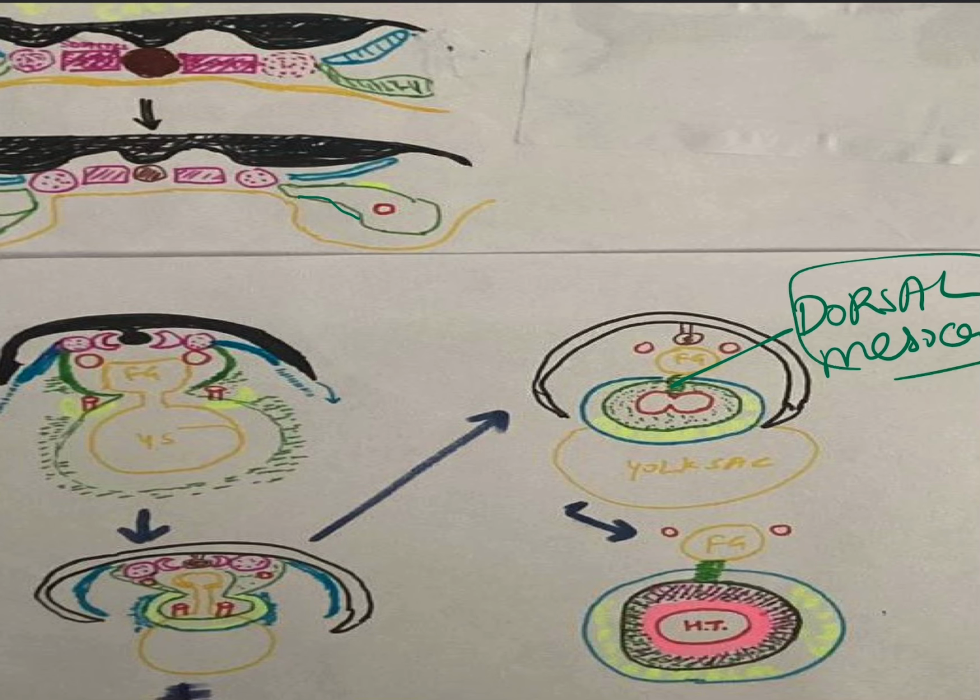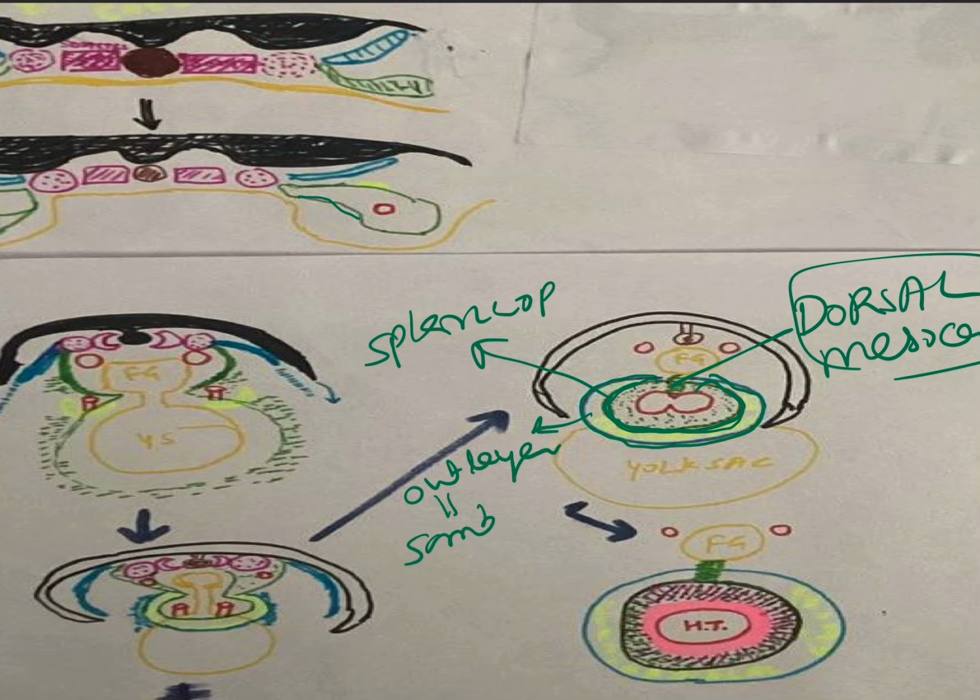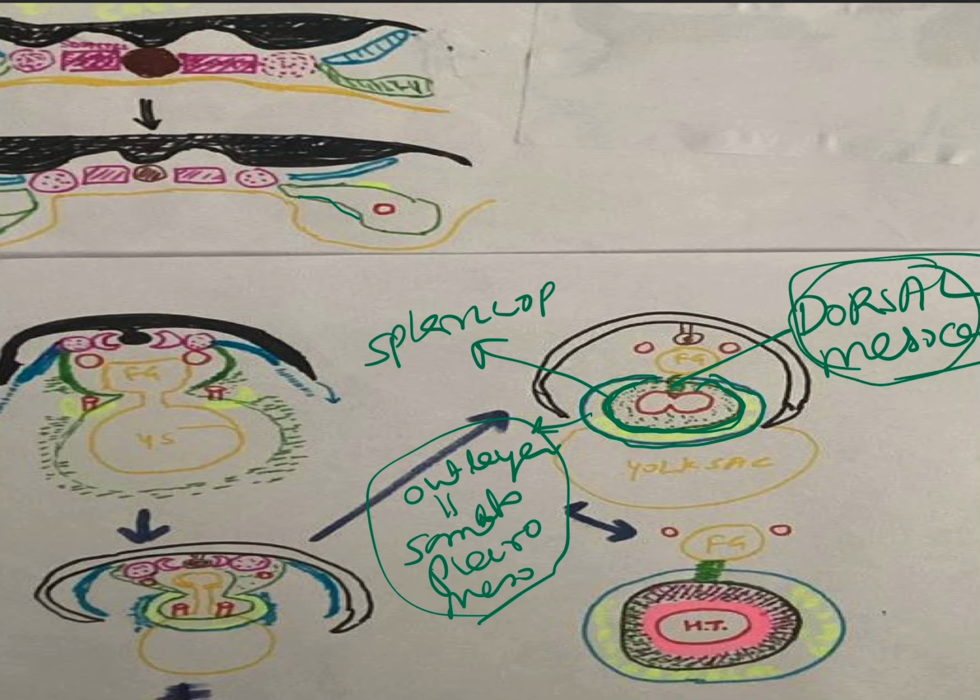Anteriorly, this heart tube is surrounded by the pericardial cavity, with an inner layer and an outer layer. We are aware that the inner layer is formed from splanchnopleure mesoderm, while the outer layer is formed by somatopleure mesoderm. Further, this dorsal mesocardium starts degeneration.